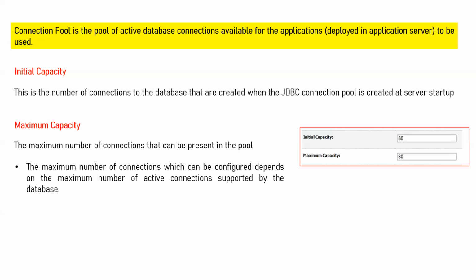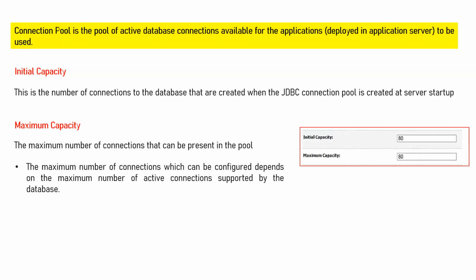When we talk about maximum capacity of the connection pool, the maximum number of connections which can be configured depends on the maximum number of active connections supported by your database. Maximum capacity is a constraint in your data source; it is the capacity up to which it can create connections. For example, I have an initial capacity of 10 and a maximum capacity of 50. At server startup, it will create only 10 connections.